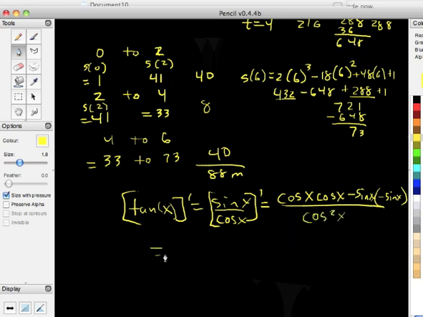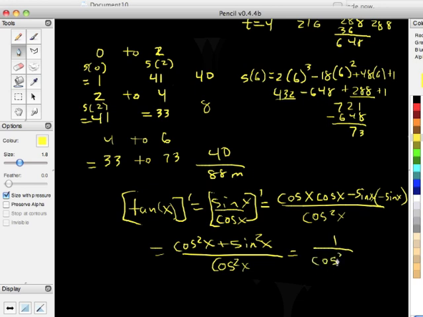Well, we have cosine squared x plus sine squared x, because negative sine times negative sine is sine squared x, over cosine squared x. And this is equal to 1 over cosine squared x. And we know 1 over cosine squared is secant squared. So this is secant squared x.